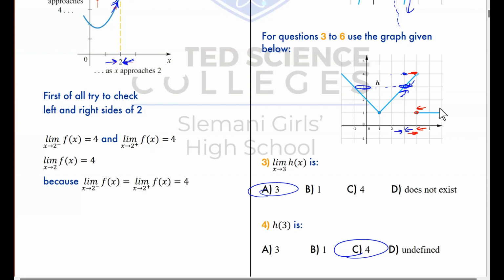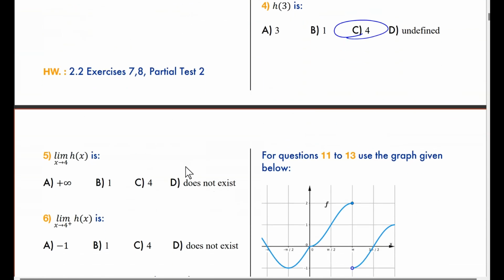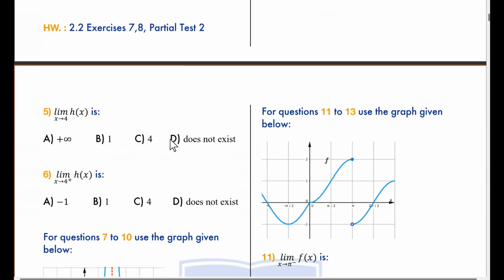So we basically can say the limit does not exist because from the right it's 1, from the left it's 4, two different numbers. So we can't talk about the limit here. The limit does not exist.